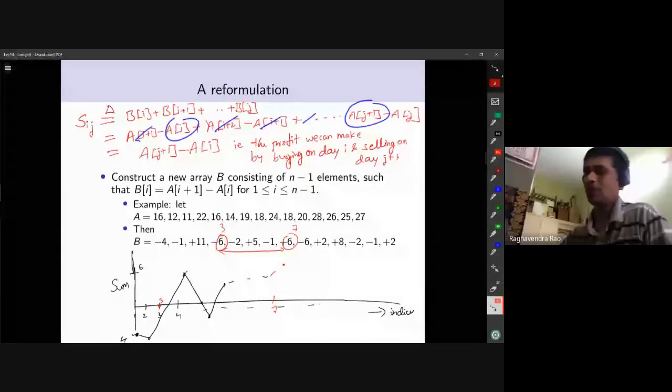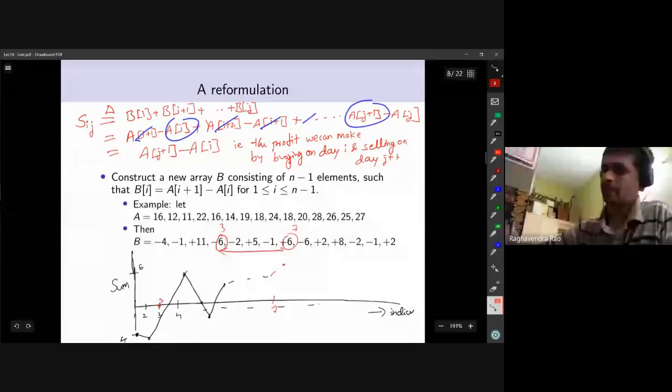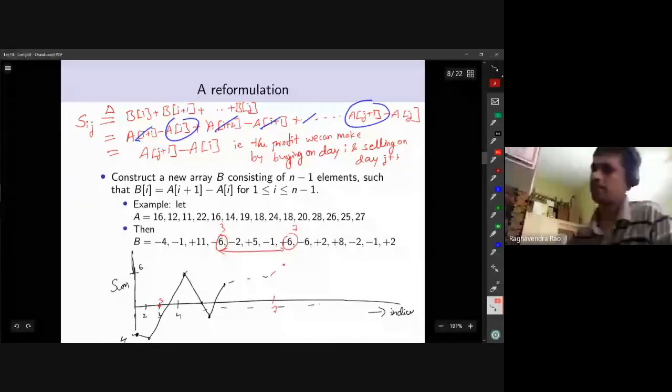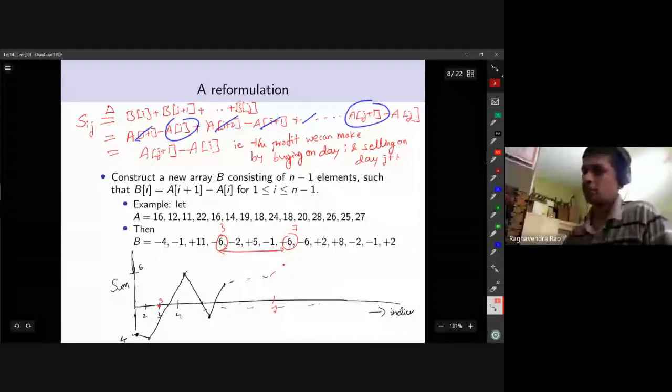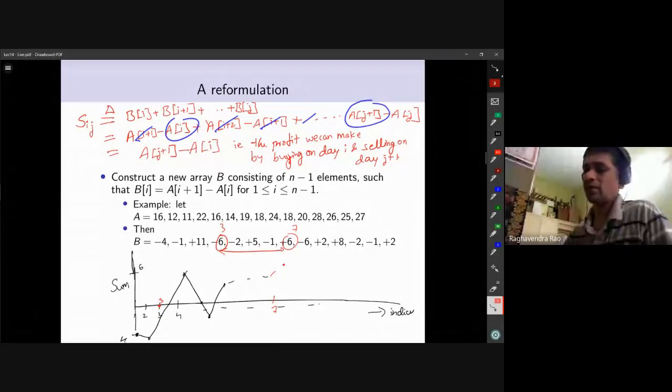The only thing is I need to put less than or equal to because of this j plus 1 here. Because when i equals j, say S11, S11 is basically A2 minus A1, right?